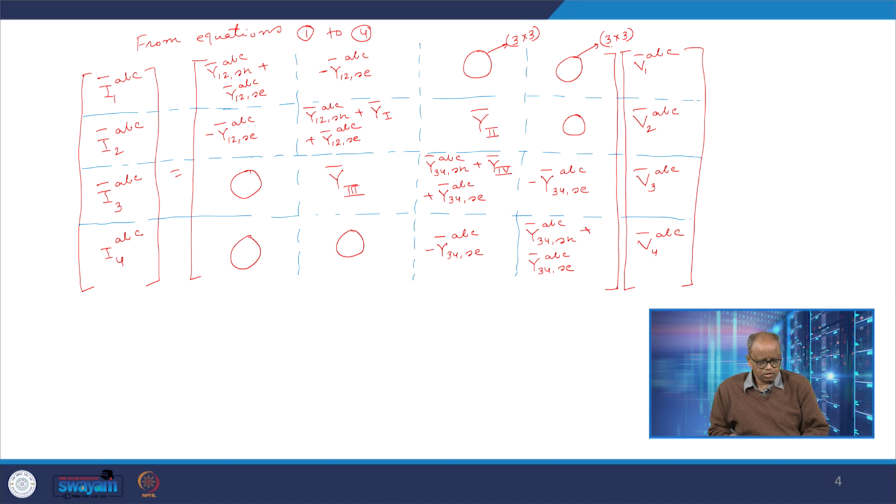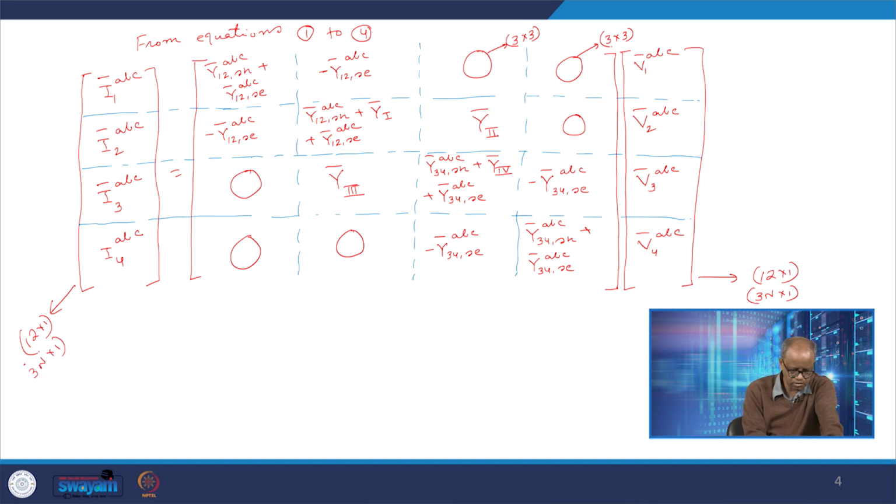So this is the Y matrix, or rather this is the Y bus matrix. So again here it is a 12 cross 1 vector, again 12 cross 1, that means it is 3n cross 1, n is 4, and this is 12 cross 12, essentially 3n cross 3n.